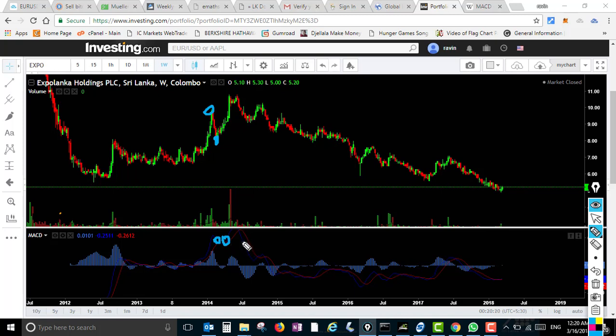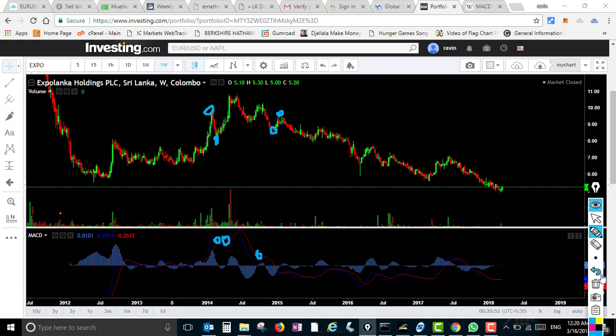For example, if you take it here, it says buy, but the next moment it says sell. So it is giving a lot of confusing signals, and you may not be able to take the correct direction, since it is very noisy.